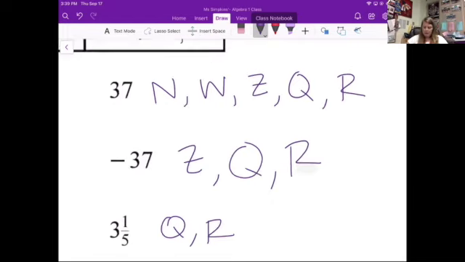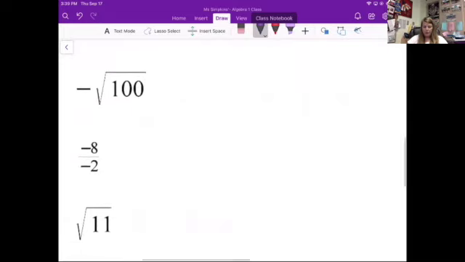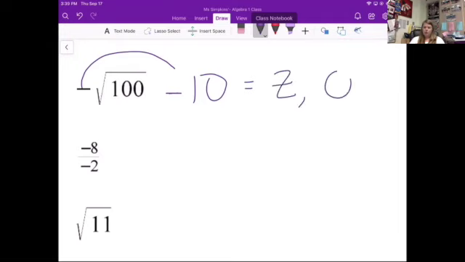Okay, let's look at the last 3. It got a little bit more difficult on the last 3. So negative square root of 100. First things first, can we simplify square root of 100? Yeah, what number times itself gives us 100? 10. But we need to make sure that we're bringing that negative over with it. So negative 10 is actually the number we're classifying, which would be integer, rational, and real.